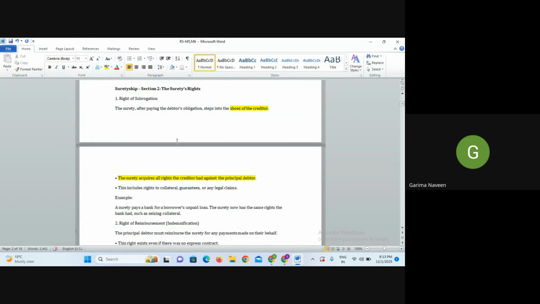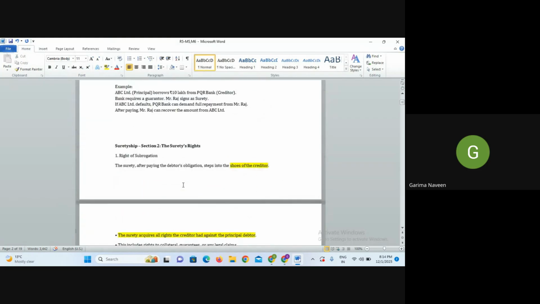So basically he becomes the creditor now, who has the right to take his amount from the principal. This right includes the right to collateral, so he can take some asset as collateral from the principal, or any legal claims.